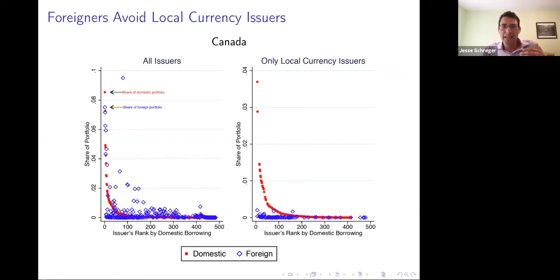The key here is that foreign investors are going to completely avoid local currency only issuers for Canada. This is a complicated graph, so I want to go through it very carefully.